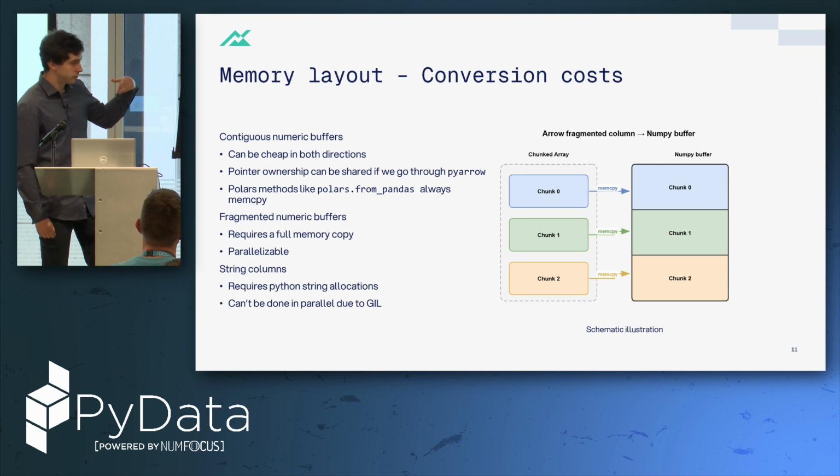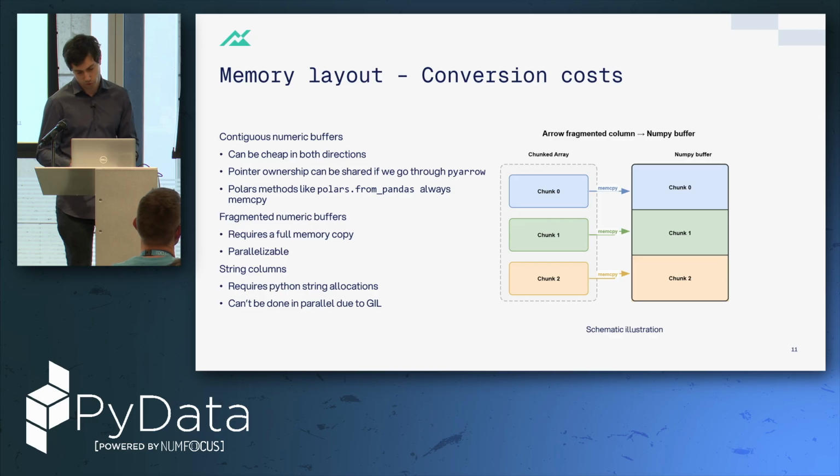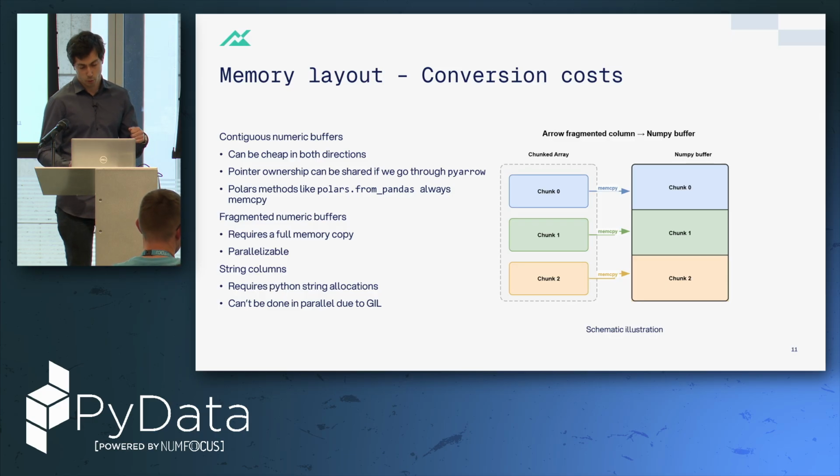And if we want to convert it to a NumPy buffer, we essentially need to allocate one continuous buffer to place all of the data in it, and memory copy each chunk one by one into that. Still, that's fairly efficient. It's just a memory copy, and even more, we can do the different memory copies in parallel because they touch different memory.